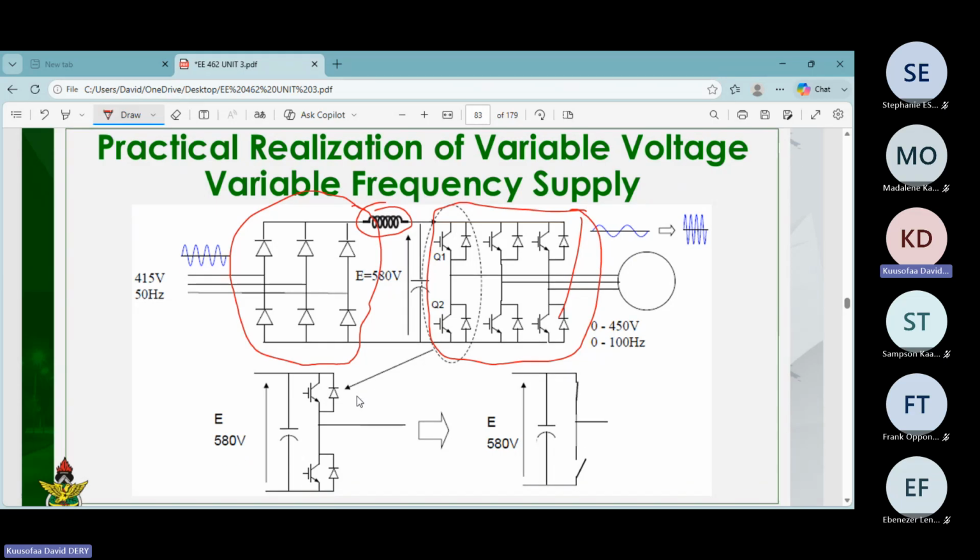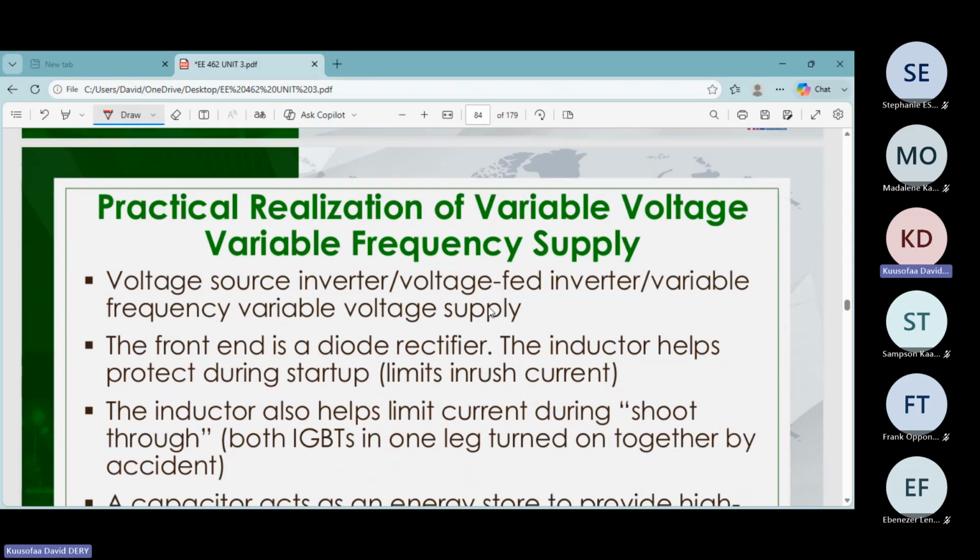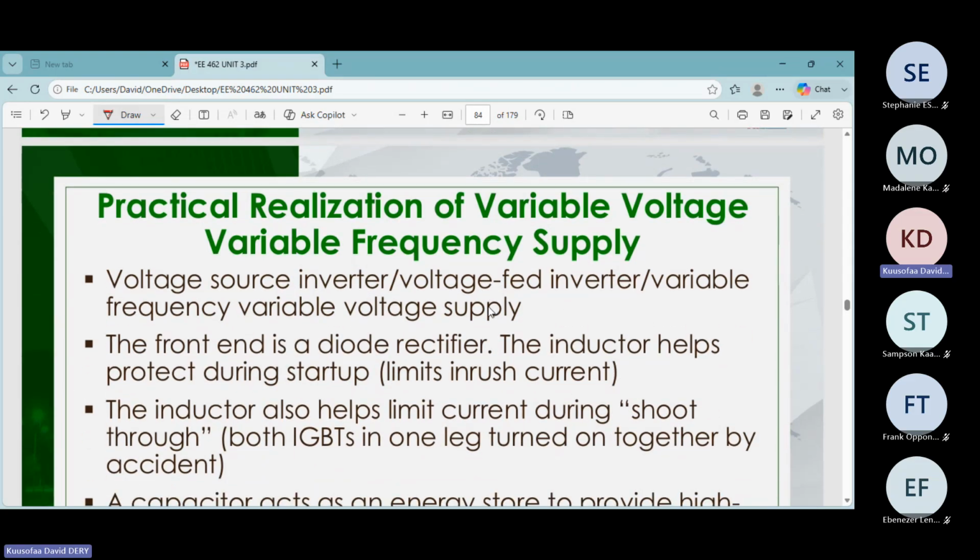This is three phase, this is also three phase, so each leg produces a certain voltage. The voltage source inverter, or voltage fed inverter, or variable frequency, variable voltage supply is the same thing.